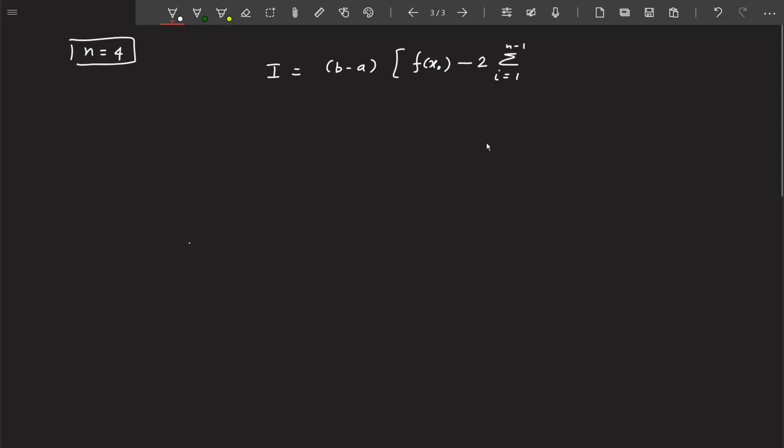What is the value of n? n is 4, 4 minus 1, this is 3. This is going to be f of xi plus f of xn, divided by 2 into 4. So this is nothing but what?